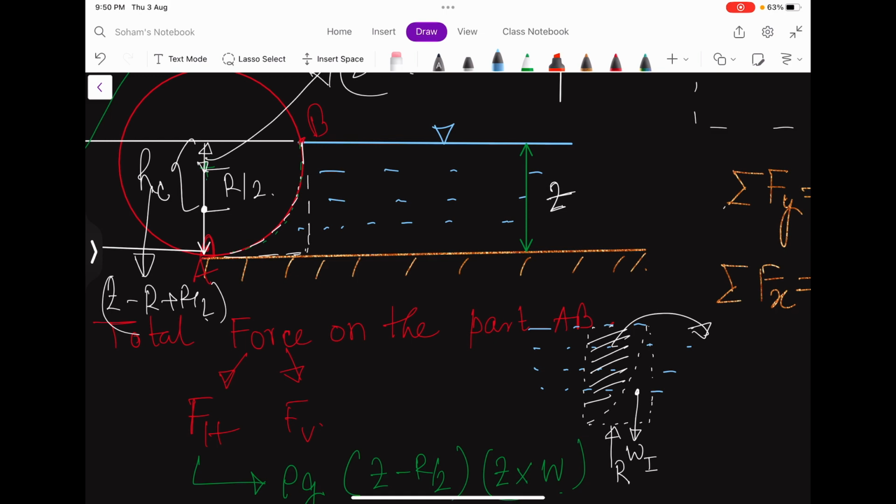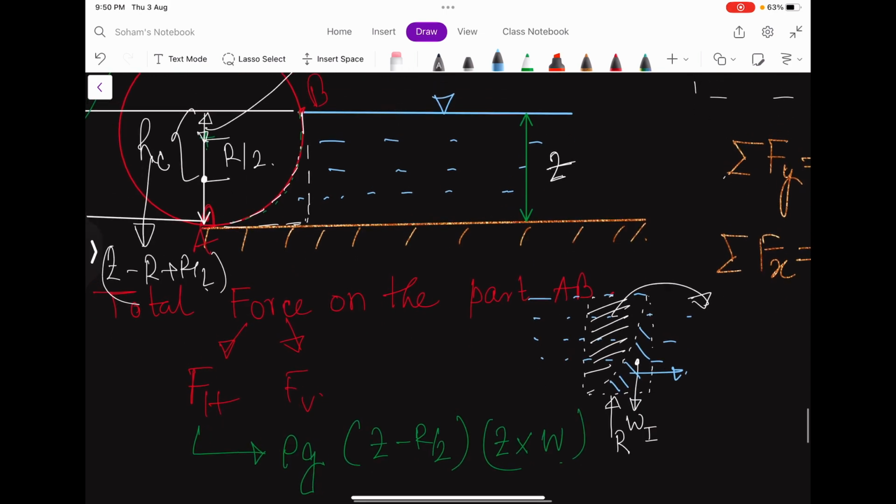But in this situation, I have water only in this much part. So had I had this much part only, then this R would be equal to the total weight of this part.